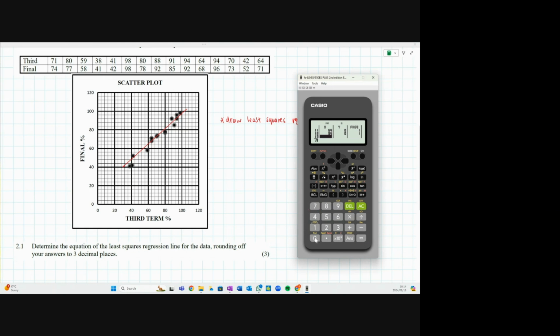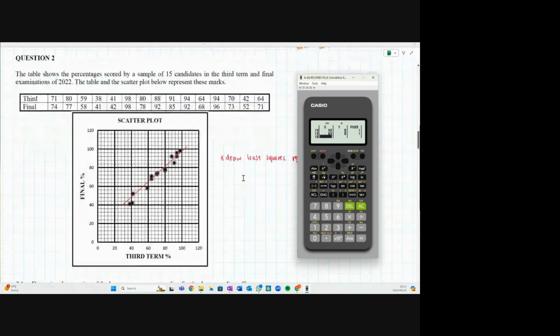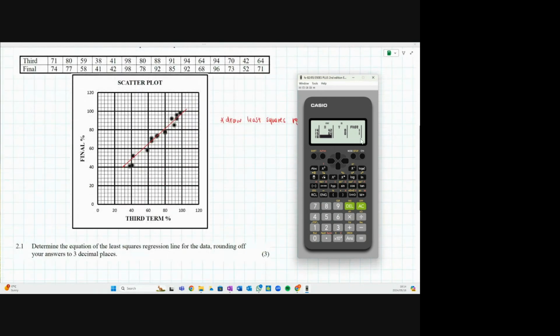Pretty sure they told us it was 15 candidates. So here I am at 15. Just make sure, 15 candidates. I can double check, I've got 15 data points, that's great. I now move over to my Y values. Again, the most time-consuming part of stats is typing nonsense into your calculator, but once it's there, it's there.